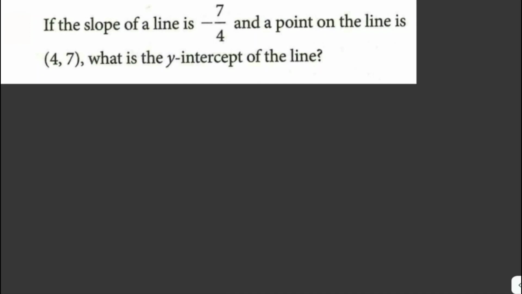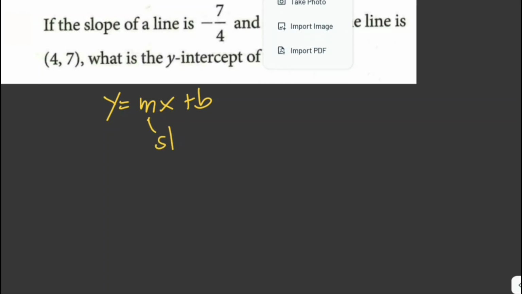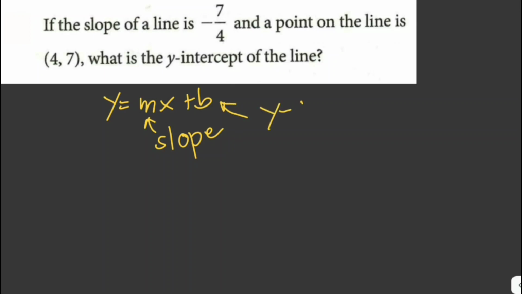If the slope of a line is negative 7 over 4 and a point on the line is 4, 7, what is the y-intercept of the line? Now, to solve this problem, we can use the linear equation, the slope-intercept form, y equals mx plus b, where m is the slope, and b here is the y-intercept.